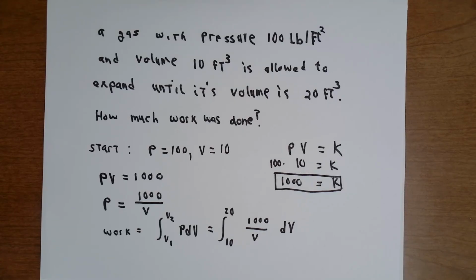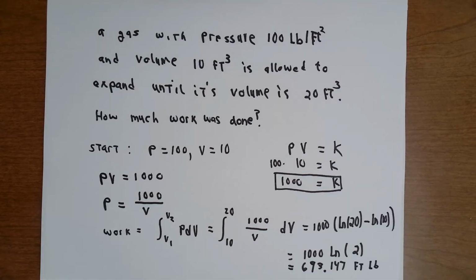Except for the strangeness of the name of the variable, this is something that you could have done back in Calculus 1. The work done is 1,000 multiplied by natural log of 20 minus natural log of 10. You could use properties of exponents and logarithms.